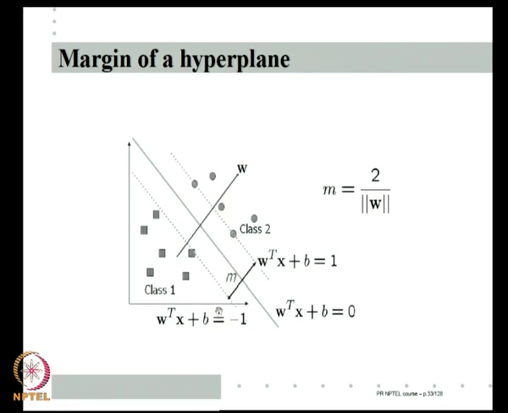Simple coordinate geometry will show you that this margin is 2 by norm W. Actually, W is, as you know, a normal vector to the hyperplane, because the hyperplane equation is W transpose x plus b is equal to 0. That is why we have shown the W there.